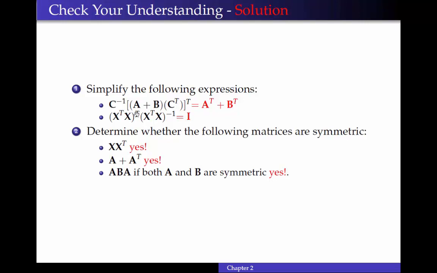Here, when I take the transpose of X transpose X, well, it turns out that's symmetric. So what returns is just X transpose X. X transpose X is a matrix, and I'm multiplying it by its inverse. And so what I'm left with is the identity. And then you should easily be able to show that all three of these expressions are, in fact, symmetric.